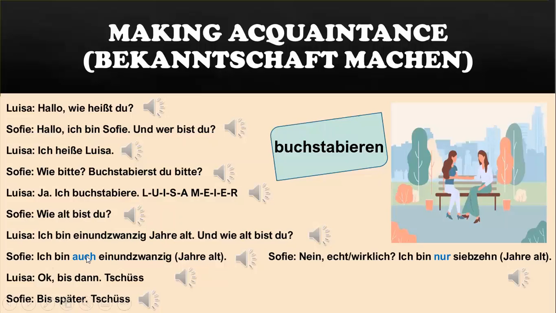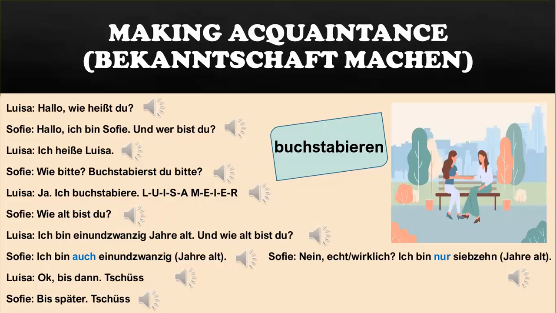So in this sentence, the main verb is sein. But in any other situations also, auch will be positioned just after the main conjugated verb.